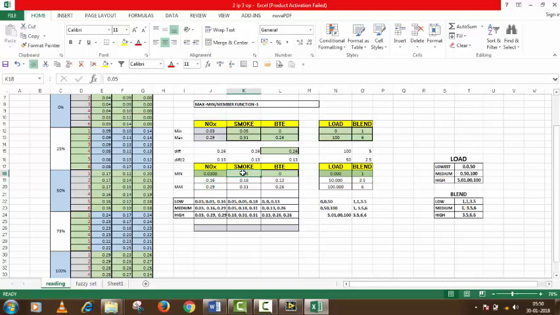Similarly, here 0.05 is there. 0.05 plus 0.13 is 0.18, and 0.18 plus 0.13 is 0.31. Coming to here, 0 plus 0.13, next 0.13 plus 0.13, 0.26.